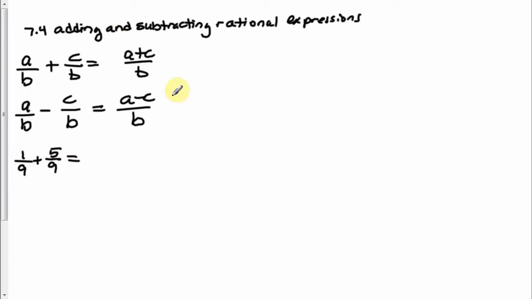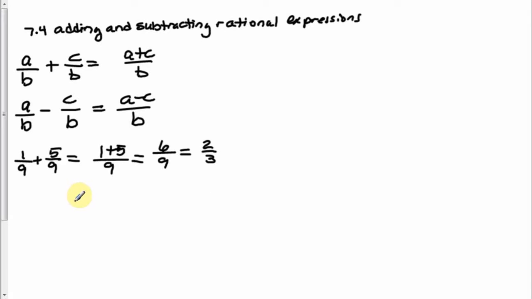You follow these two rules. So it's 1 plus 5 all over 9, which is 6/9. And then, of course, you should reduce the fraction if it will reduce. 3 goes into both of those, so 2/3. So if I had 1/9 of the pie left and 5/9 of the pie left, then I really have 2/3 of a pie left. Okay?